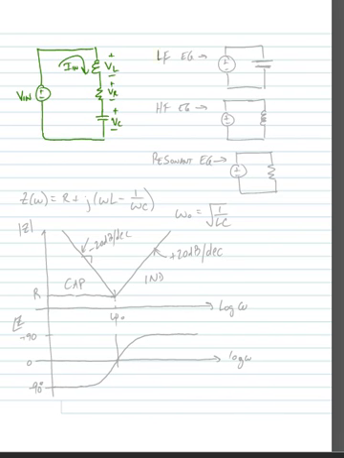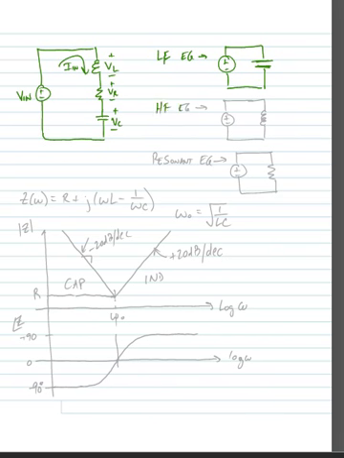Now in this case, our low frequency equivalent circuit is dominated by the capacitor. So at low frequency, our circuit looks simply like this. You can imagine the limit being at DC. The capacitor is an open circuit, so it has the highest impedance.